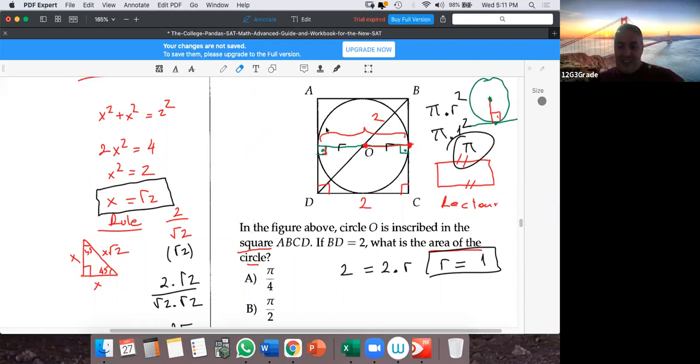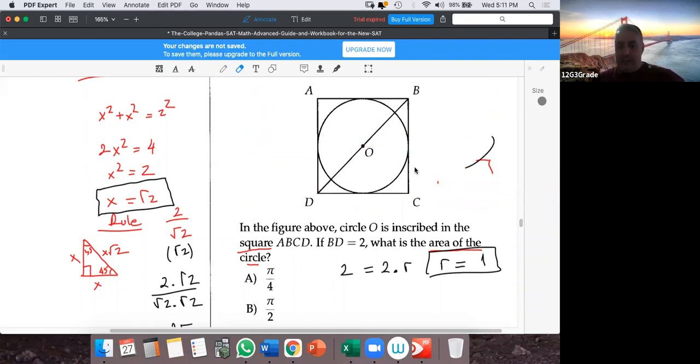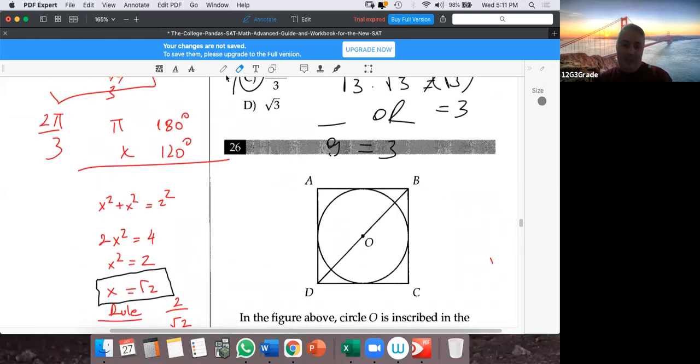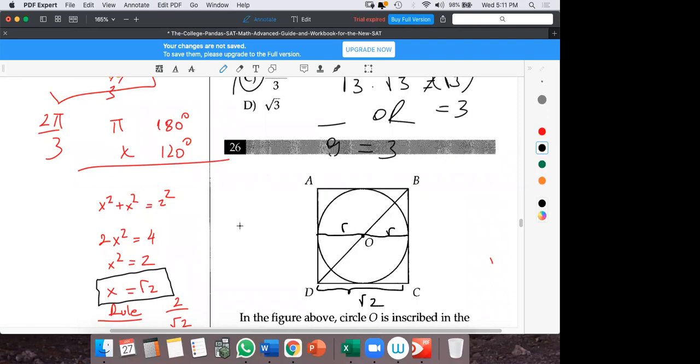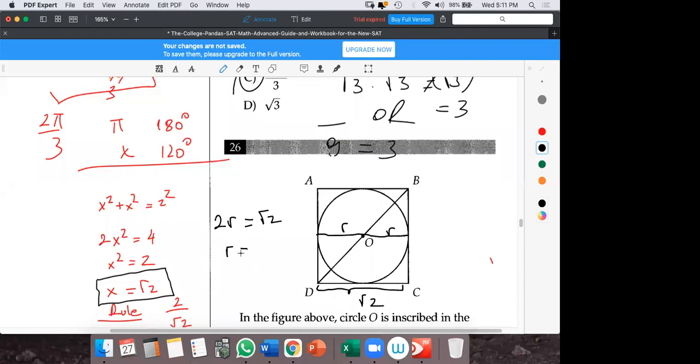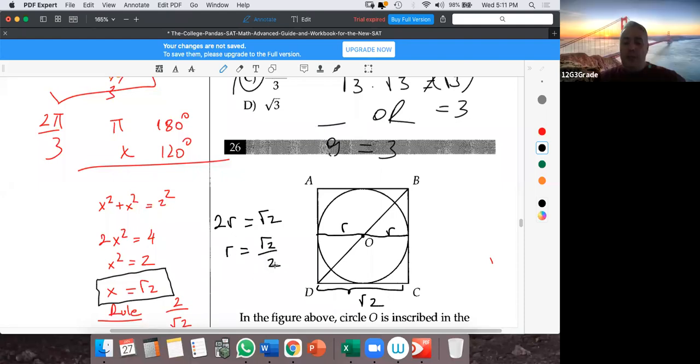Okay, very good. So let me explain one more time. You see now how they prepared the question. Directly, when we use the 2, we got the answer. But no, we said that this is totally root 2. That means that r and r, which is 2r, is root 2. So r is root 2 over 2.